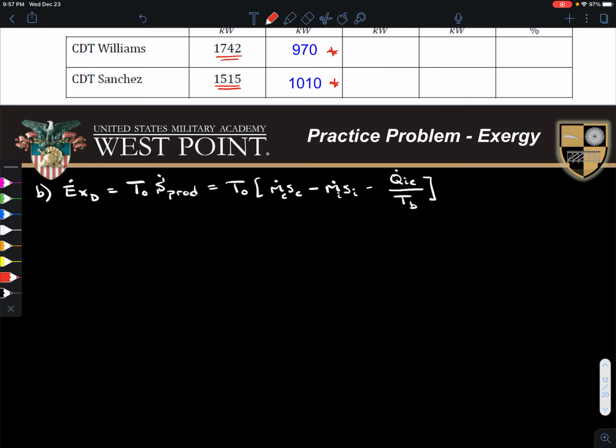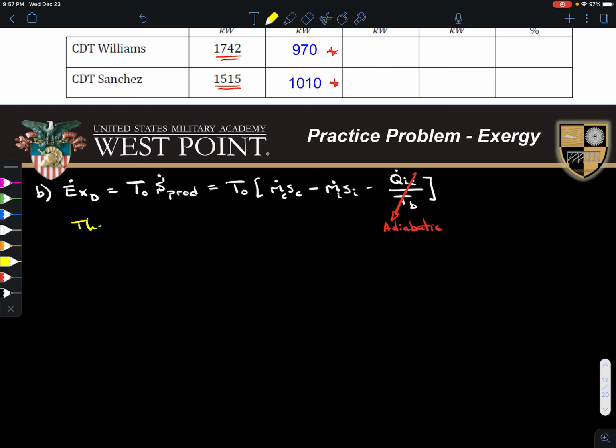And then this statement at the end, Q_j over T_b, is the rate of heat transfer in relation to the boundary temperature. So say the temperature that's immediately outside of the turbine. However, we said the turbine is adiabatic, so there is no heat transfer.